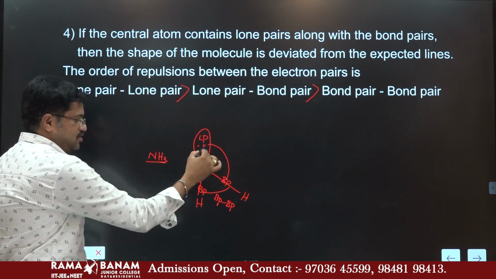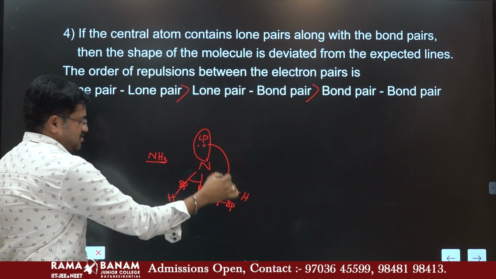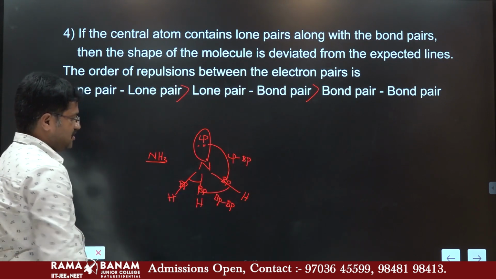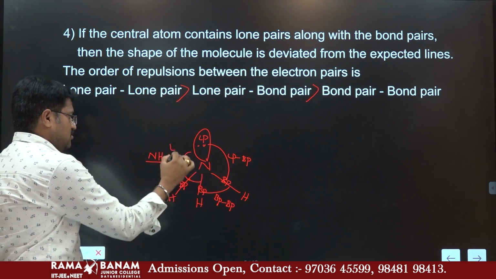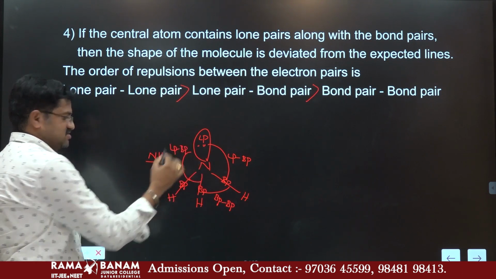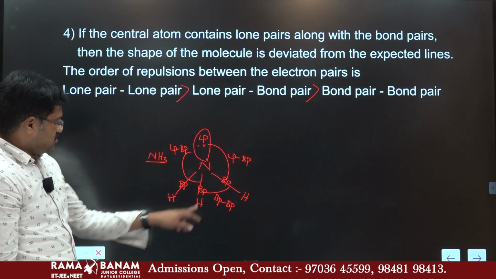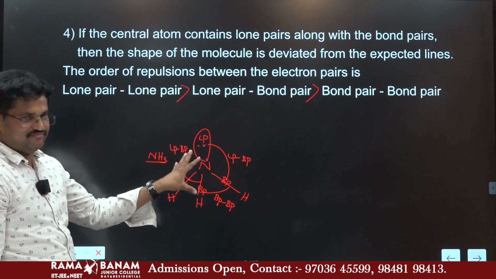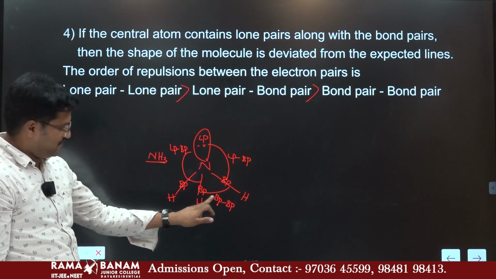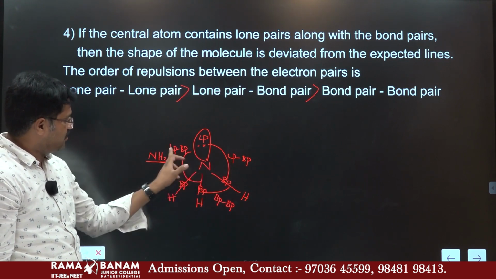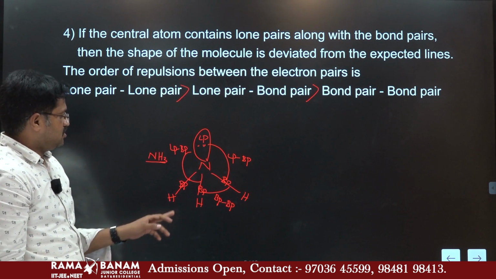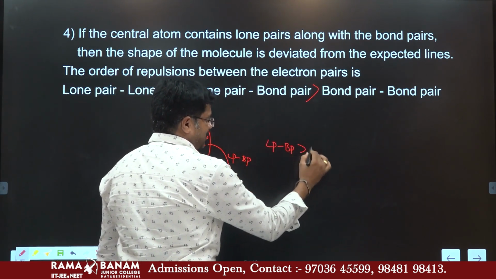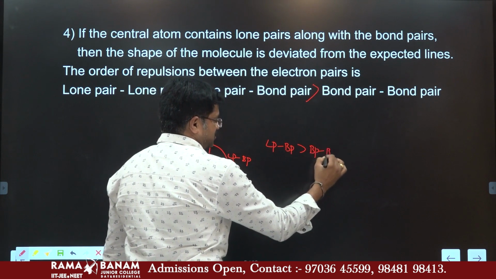Here, this is the lone pair, this is the bond pair. These repulsions are lone pair-bond pair repulsions. Here also, lone pair-bond pair repulsions. So here, 2 different types of repulsions are observed: one is bond pair, another is lone pair. So lone pair-bond pair repulsions are greater than bond pair repulsions.